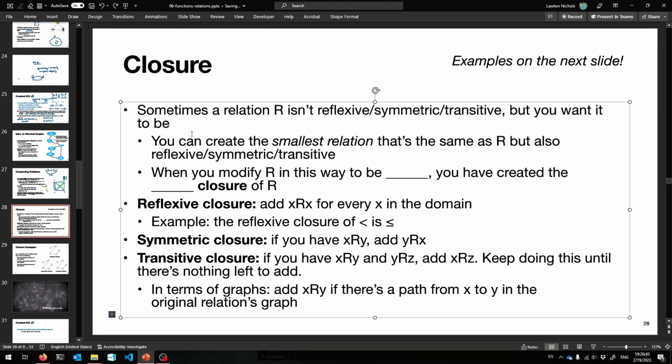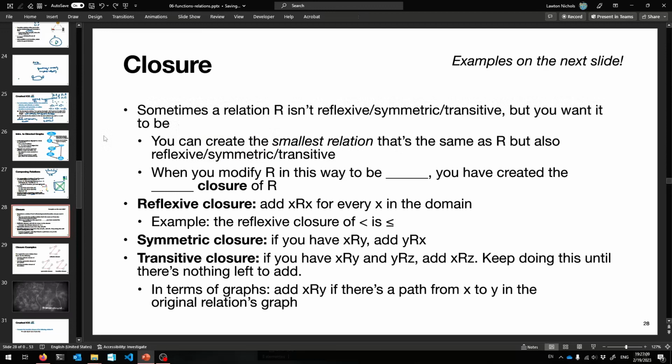You can change that relation R to be something more that is reflexive, that is symmetric, that is transitive. And the idea is you don't want to add too many arrows. You want to add just enough arrows to make it reflexive, just enough arrows to R to make it symmetric, okay? So that's the idea. You want to create the smallest relation that's the same as R, but also reflexive, or also symmetric, or also transitive.